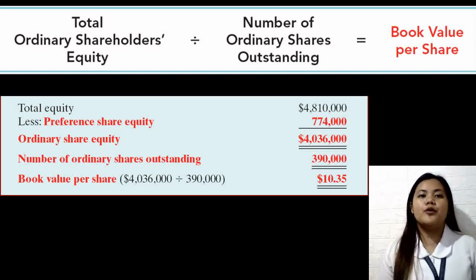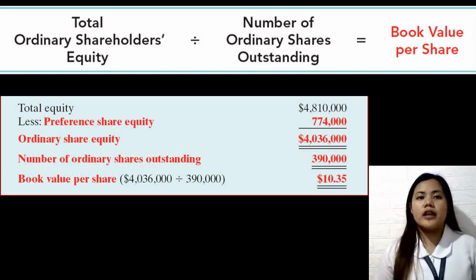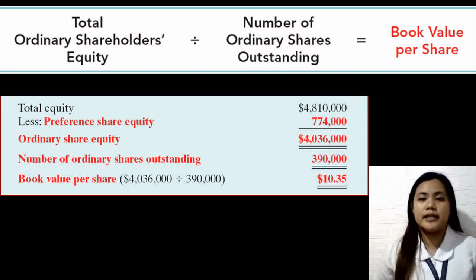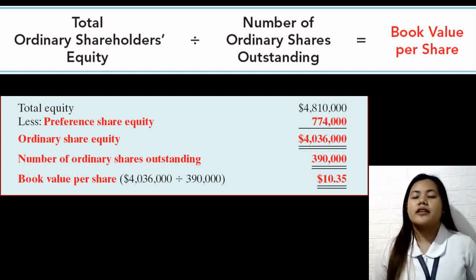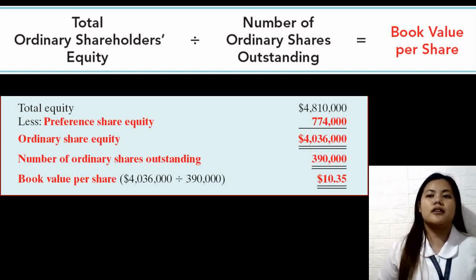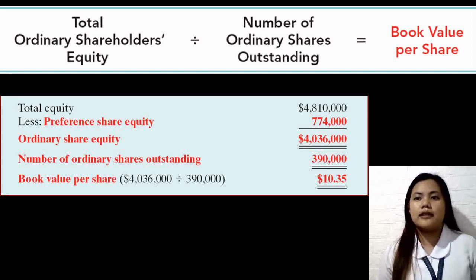So for the book value per share, as stated there, the ordinary share equity is divided by the number of ordinary shares outstanding. So $4,036,000 divided by $390,000 shares would result to $10.35.